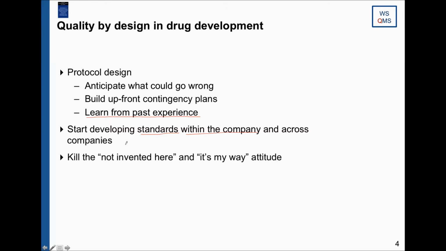Very important is also learn from others. Do not try to reinvent the wheel. And I was saying earlier, you have to involve experts, but experts should not rule the standards. So it's very important to actually kill the not invented here and it's my way attitude, because if you have individuals managing and guiding this assessment and the protocol by design activities, it will very much depend on that individual and the opinion of that individual.